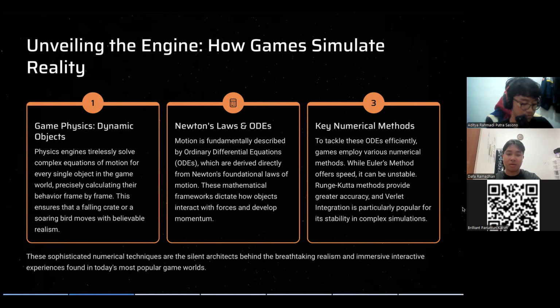So computers break time into small steps, usually one per 60 of a second, and calculate the next position and velocity from the current state. The challenge is balancing accuracy, stability, and speed because simulations must run in real time.